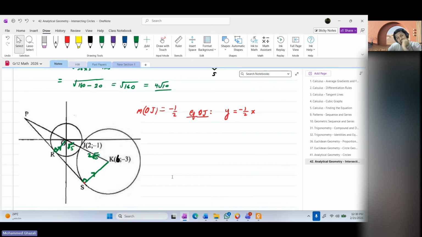The triangle is 90 degrees. Okay, let me try this way, guys. Watch here. Look at this. This is a 90-degree triangle, and that's a 90-degree triangle. That's a root 5 as well. And this is 2 root 5.